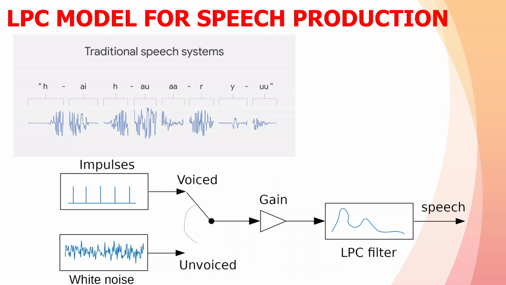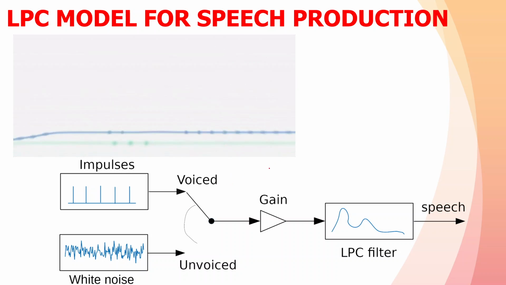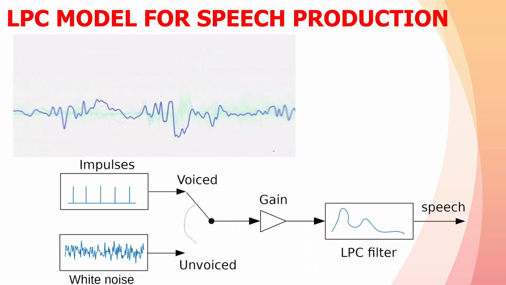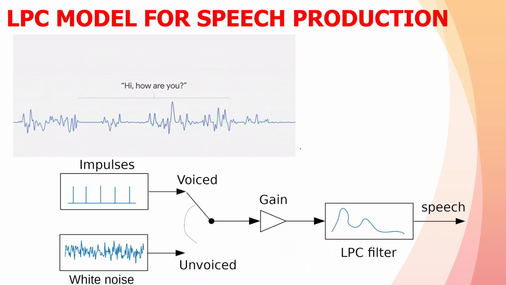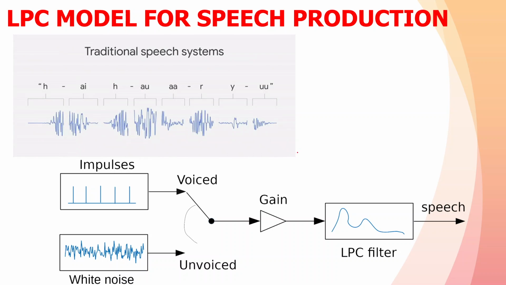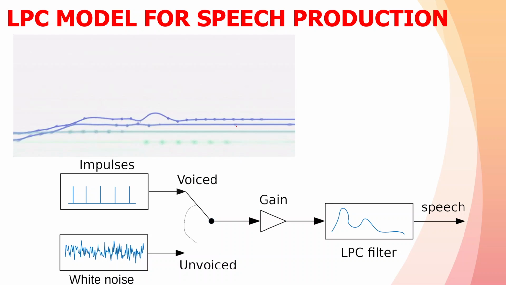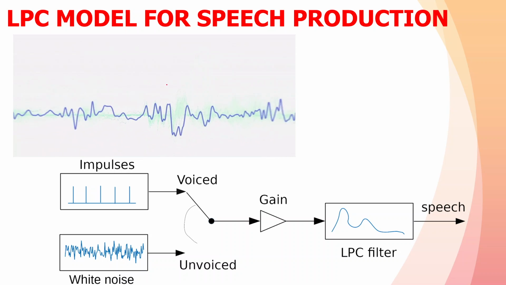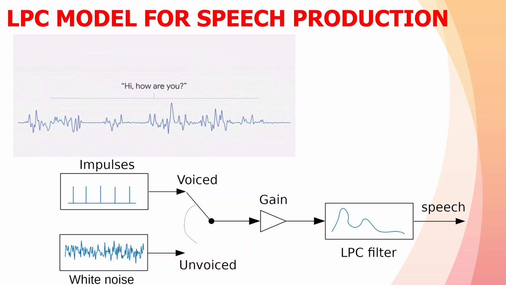This is your LPC model for the speech signal. Here the phrase is "hi, how are you?" Look at this impulse. It has been split into H-AI, H-AU, and so on, hi, how are you.